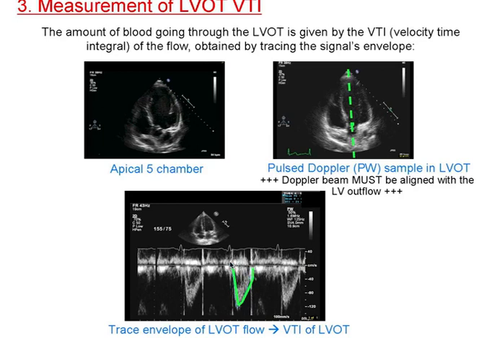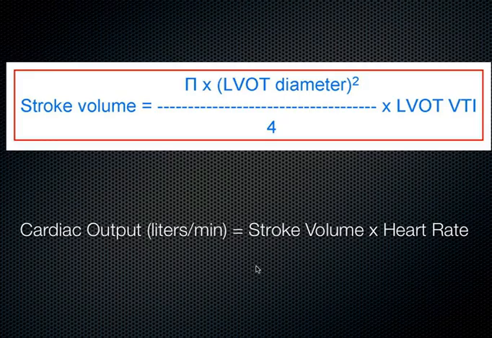And then you can manually trace this envelope of flow, or the computer actually does it for you automatically. And so once it has that LVOT diameter which you measured, it squares it, times by pi divided by 4, and then it multiplies it by the velocity time integral, or that envelope.